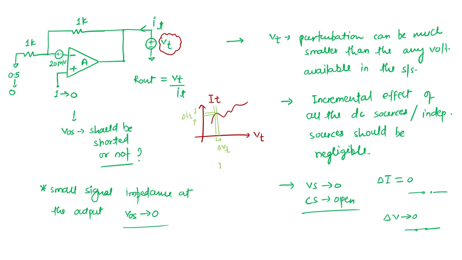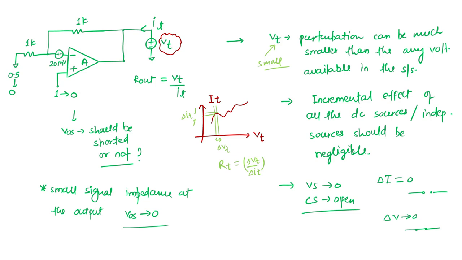So this itself will give me the output impedance here in this case. It is simply del VT by del IT. Rather, I should say the VT itself is my small signal quantity. Instead of saying del VT, this VT itself is a small signal voltage.